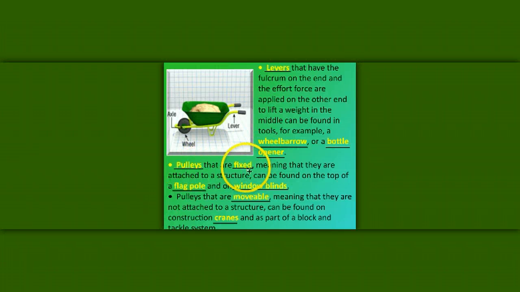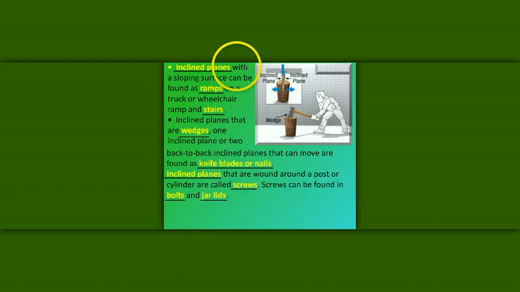Pulleys that are fixed, meaning that they are attached to a structure, can be found at the top of a flagpole or on a window blind. Pulleys that are movable, meaning that they're not attached to a structure, can be found on construction cranes as part of a block and tackle system. Inclined planes with a sloping surface can be found as ramps on a truck or wheelchair ramps and stairs.